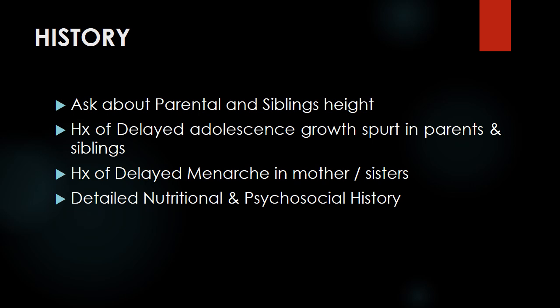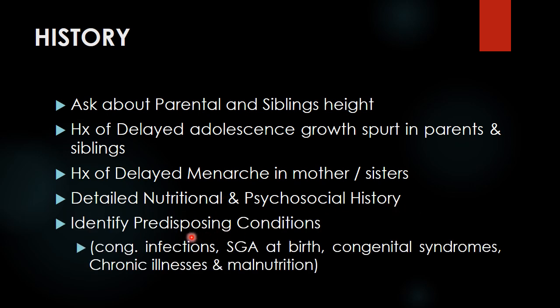We have talked about the importance of nutrition and the psychosocial history. One needs to try to identify the predisposing conditions, looking for congenital infections, intrauterine growth retardation, syndromes, chronic illnesses that we have touched upon, and malnutrition.